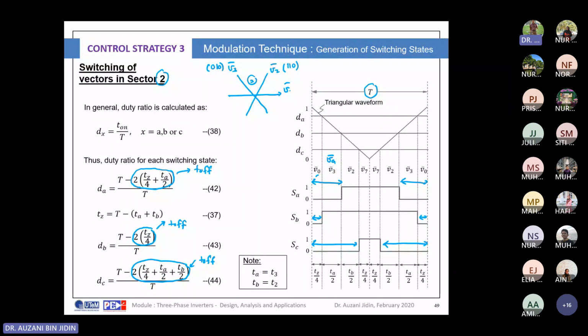In order to produce the appropriate sequence of vectors, of course you need to sketch the switching status waveform. From there you can write the equations. Clear? This is for sector number 2.